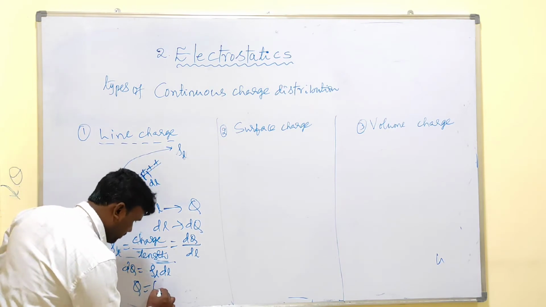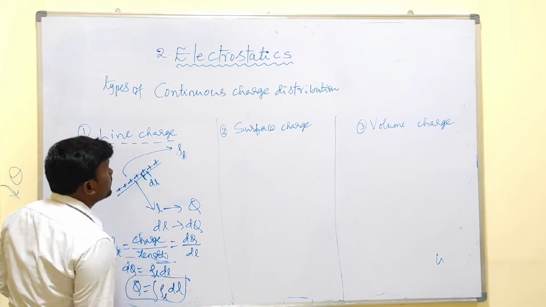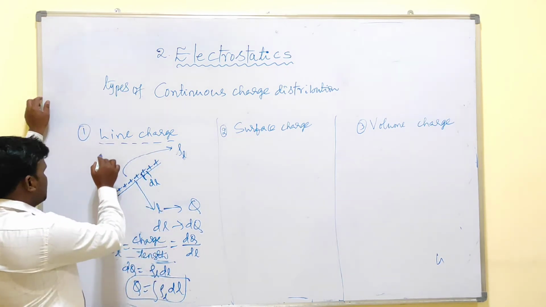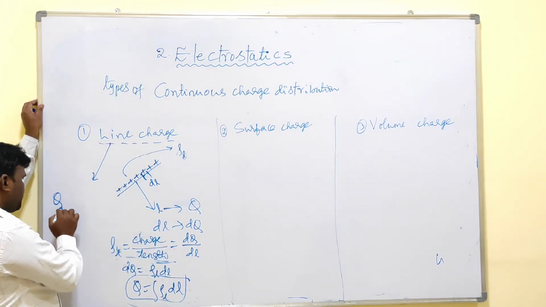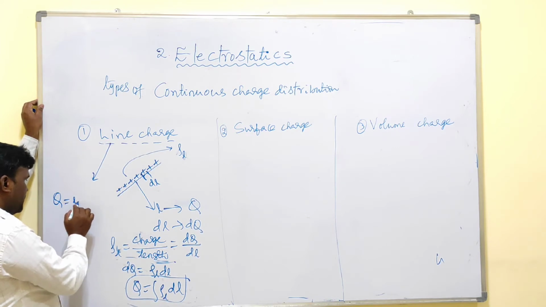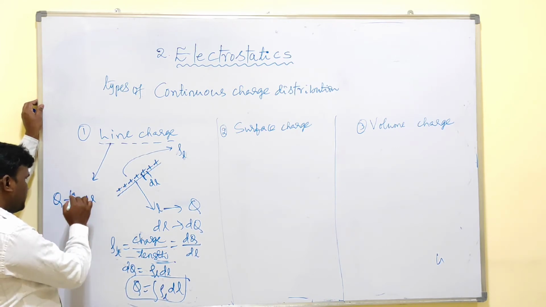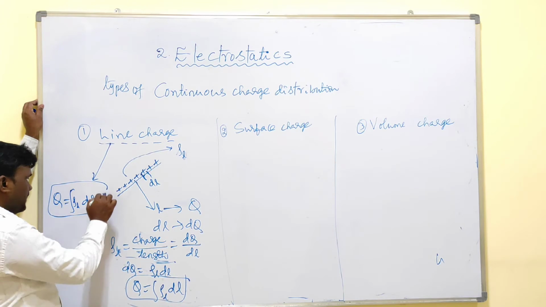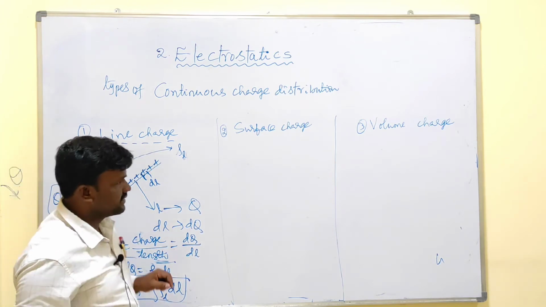Here we get rho L into dl, that is Q. So Q equals integral rho L dl in case of line charge.